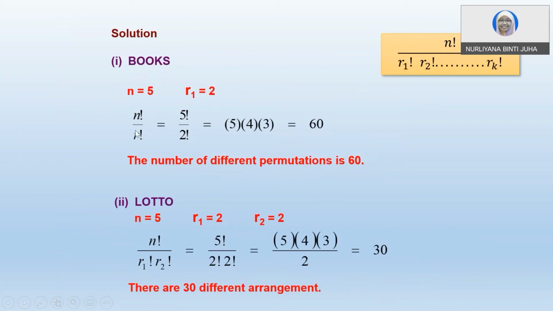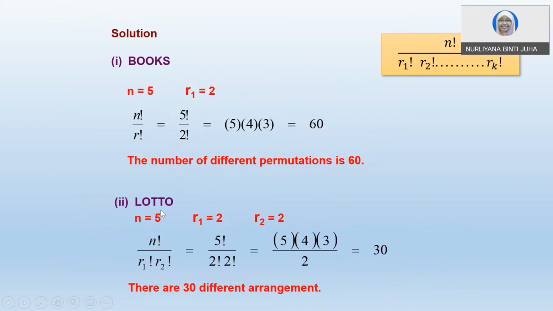Because you only have one R dekat sini yang berulang. Satu saja objek yang berulang iaitu O. 5 factorial over 2 factorial. Why 2? Because the O is repeated 2 times. Ada dua kali O. So 2 factorial lah. So you just key in this in calculator. You get 60. So the number of different permutation is 60 for books lah.